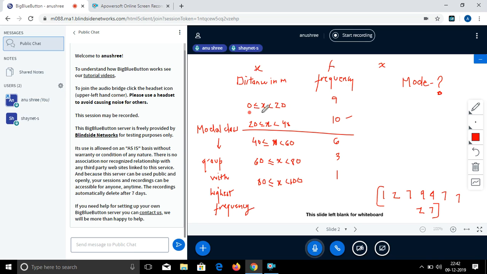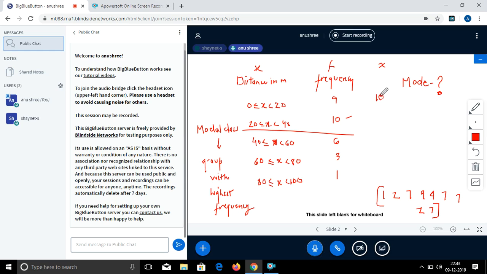One by one, tell me what's the midpoint for this class? 0 to 20, what's the midpoint? Midpoint means the middle value of 0 to 20. 10, yes, that's correct.